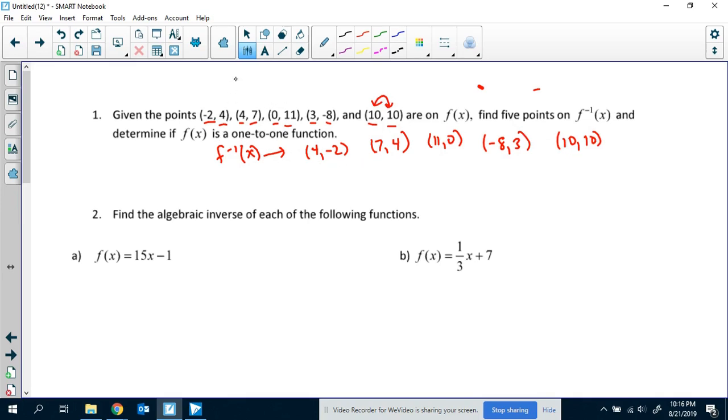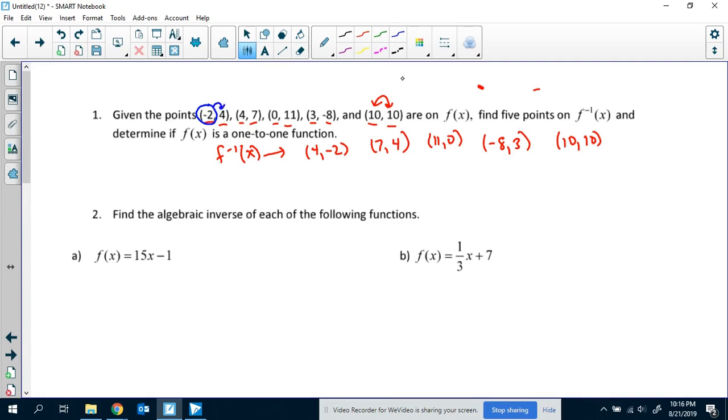Basically, in order to tell if it is a one-to-one function, I want to look at all of the x values and make sure that they have exactly their own y value.